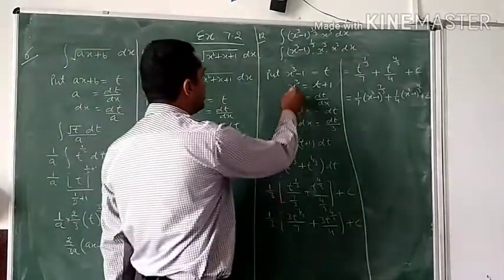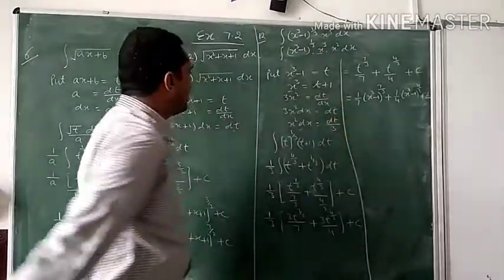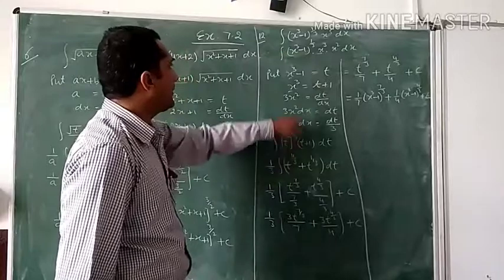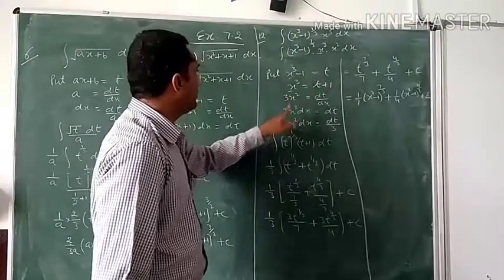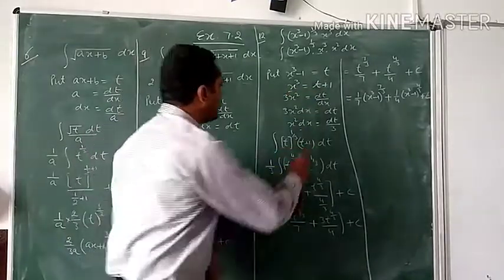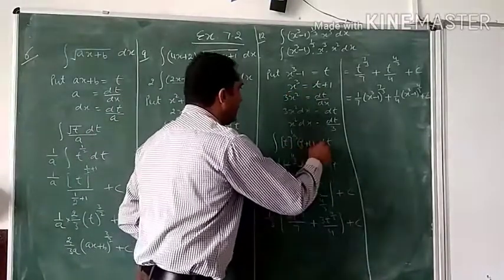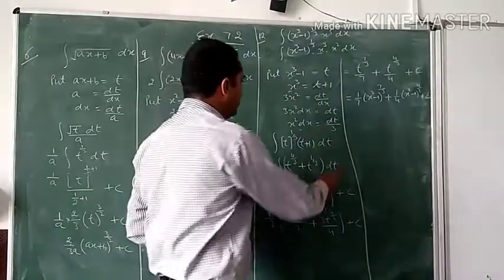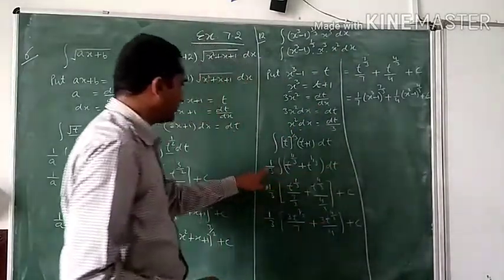Now substituting the value in this integral, t raised to power 1 by 3, and x cube is equal to t plus 1, so t plus 1 here, and x square dx is equal to 1 by 3 dt. So 1 by 3 dt is there.